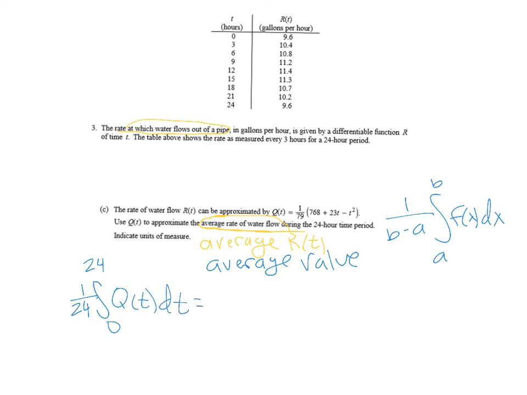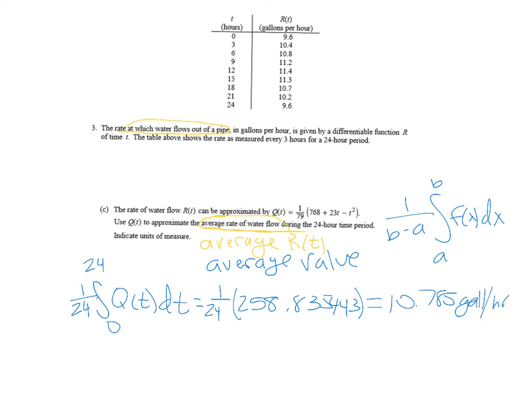I plugged it into my calculator and got 1 over 24 times 258.835443, which equals 10.785. And it wants units of measure: gallons per hour.